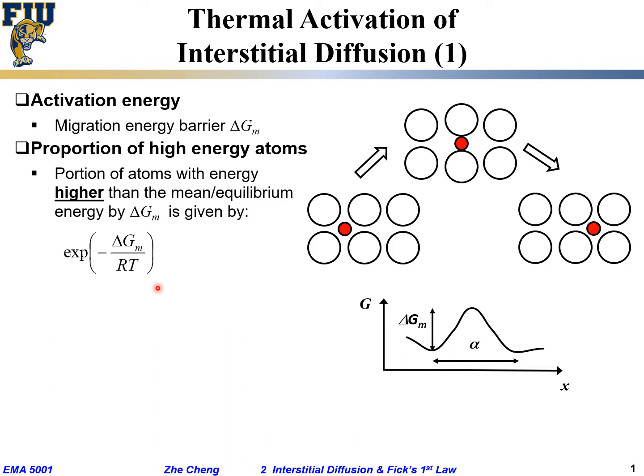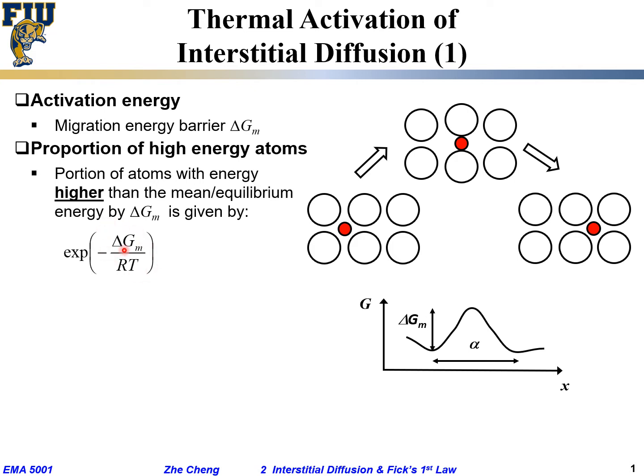Exponential of minus delta GM over RT, if we are considering 1 mole of stuff. Okay, minus sign. Which means the higher this barrier, the more positive my numerator is, this probability, remember that's a negative sign, goes to 0, right?